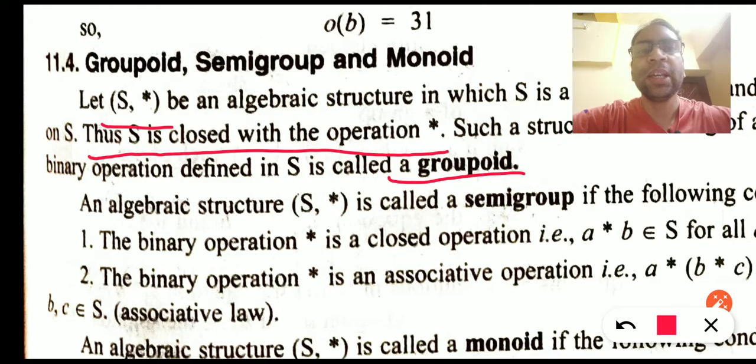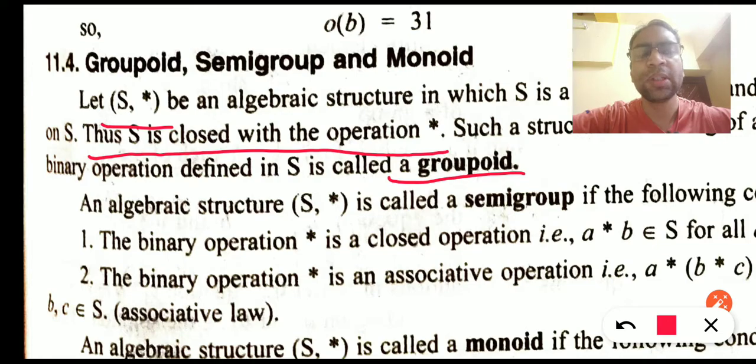Let's talk about an example of a groupoid. Let's say we take the set of all positive integers with the operation plus. So will it be closed with the operation plus? Yes, it will be closed, because for any two elements of the set of positive integers, if we apply the operation on these two elements, then the resultant will also be a positive integer.